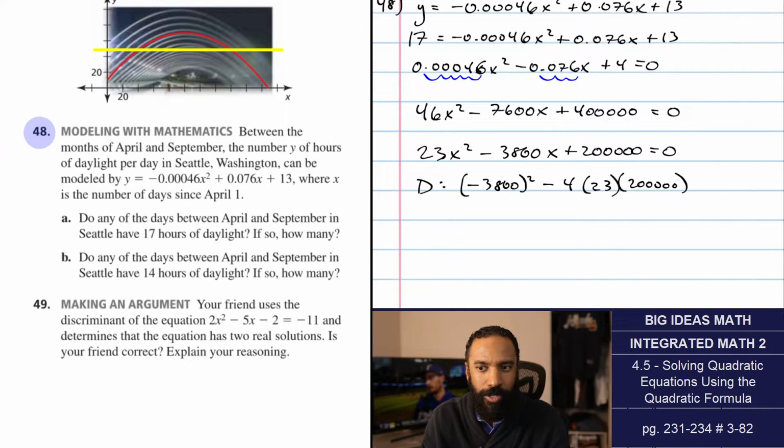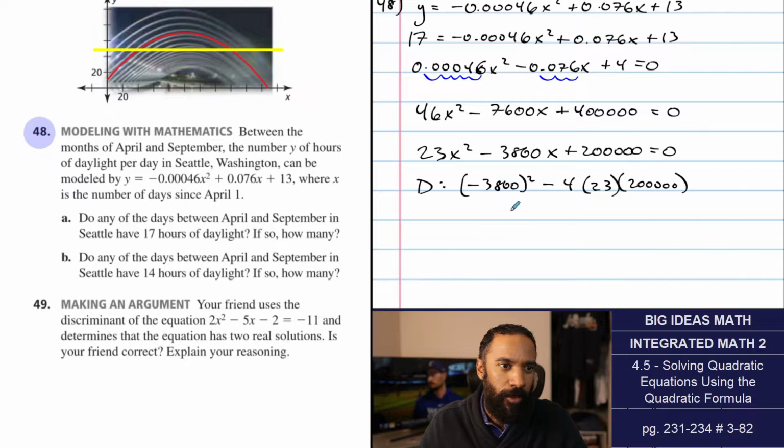So 0.00046 times 100,000. That would be 46. 0.076 times 100,000 is 7,600, and obviously 4 times 100,000 is that. So that's all good. So listen, the discriminant was, now it's a large discriminant because I made the numbers big, right?